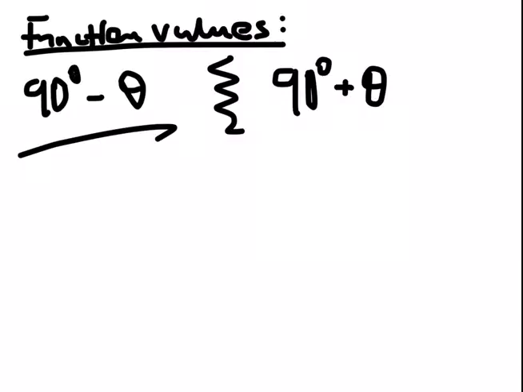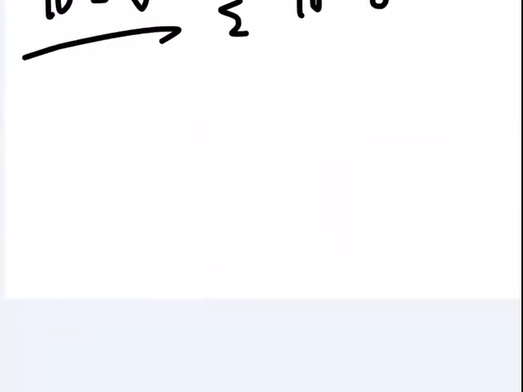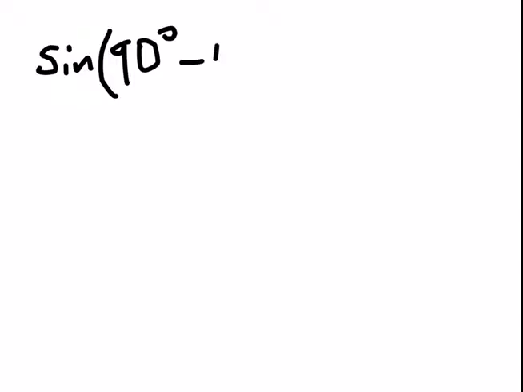So for now, I'm going to start with the function values of 90 degrees minus theta. Let us look at a situation where, let's say, you have sine of 90 degrees minus an angle.